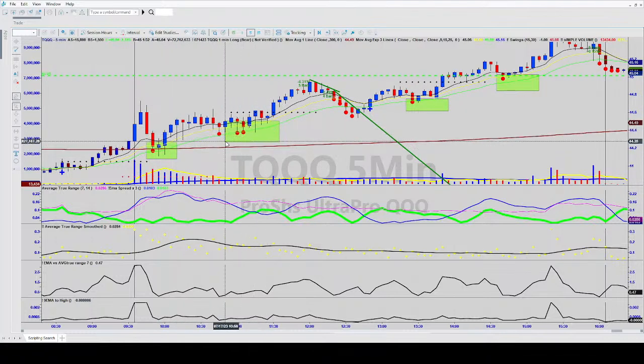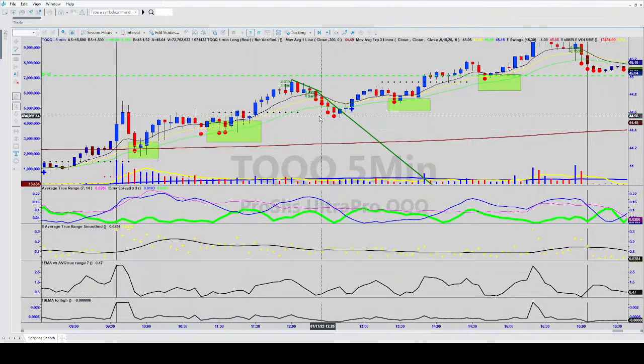There's got to be something I'm missing. And it always is. There's always something that ends up jumping out at me. Where's the spread? Okay, this is a spread.